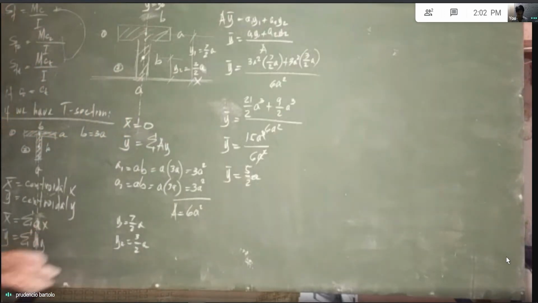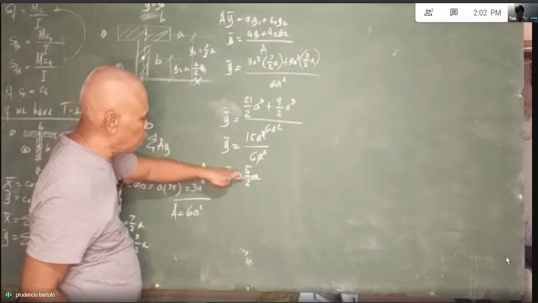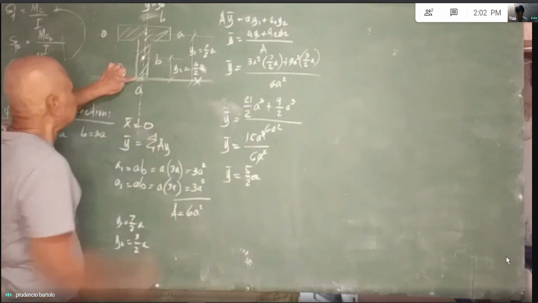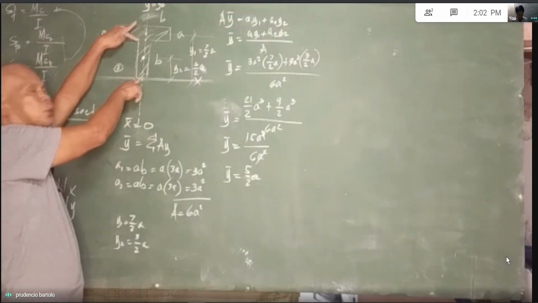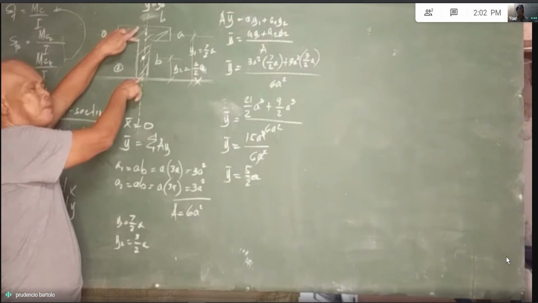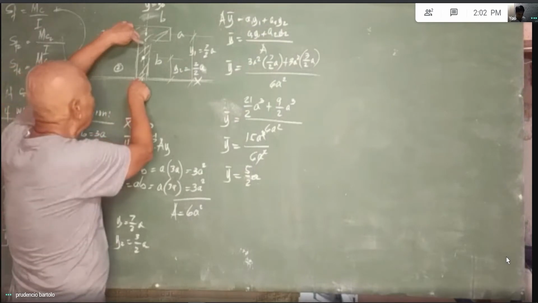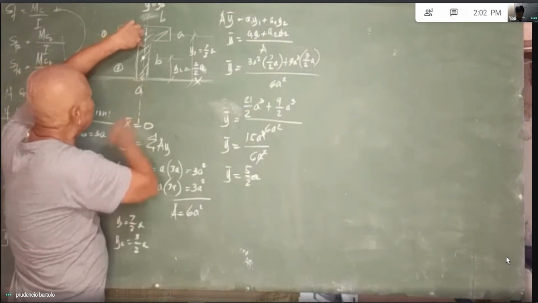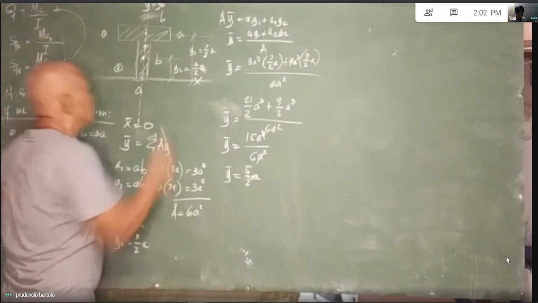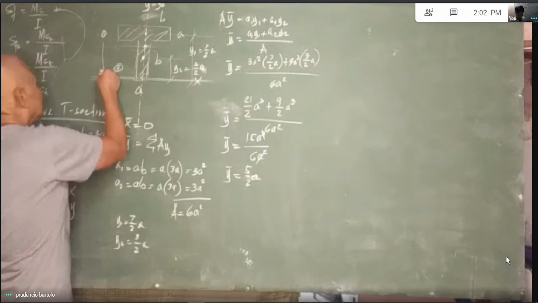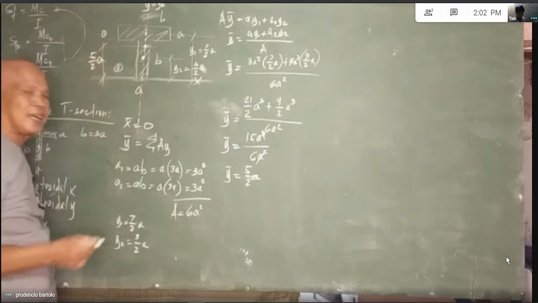Now, having the Y bar, which is 5 over 2 of a, from this point to this point is 6 over 2a, so we take out a half. So this will be 5 over 2a.